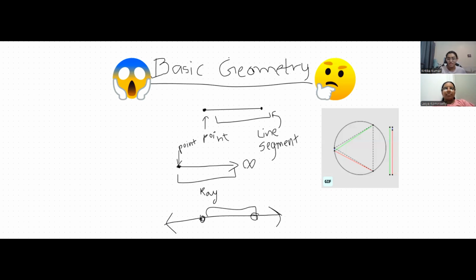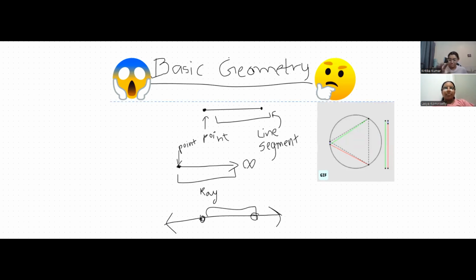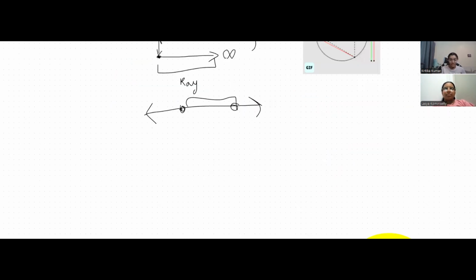So now let's get into a little more complicated things. We learned about line segments and all of that cool stuff. Pretty easy, pretty simple, right? But now, what if I told you geometry isn't only about lines? That's because we also have something called angles. And angles are actually pretty fun.